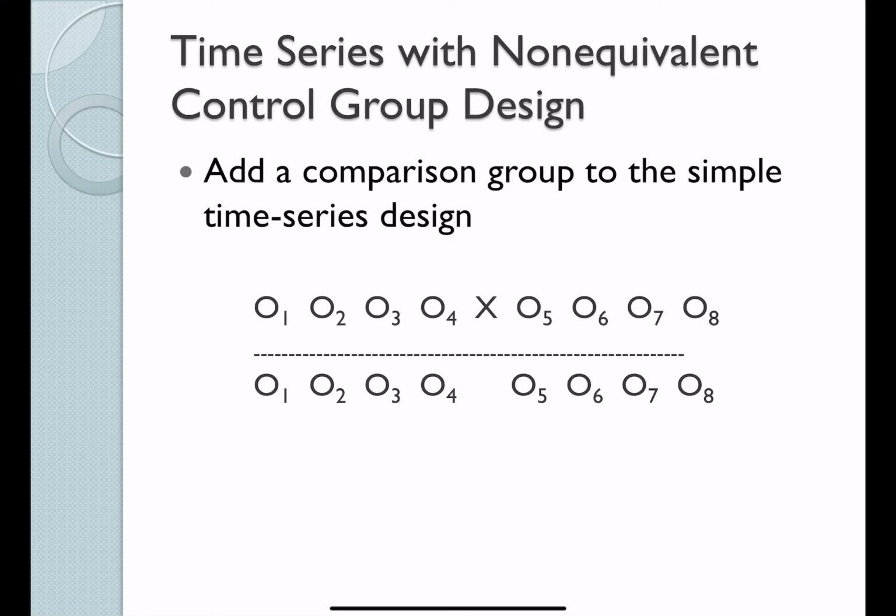Below the dashed line is our control group. It's not randomly assigned, but we're taking multiple observations from that group as well. So those are a couple of different quasi-experimental designs that can help us apply some of the stuff we may have learned in the lab to a more real-world setting, even if we can't randomly assign groups.